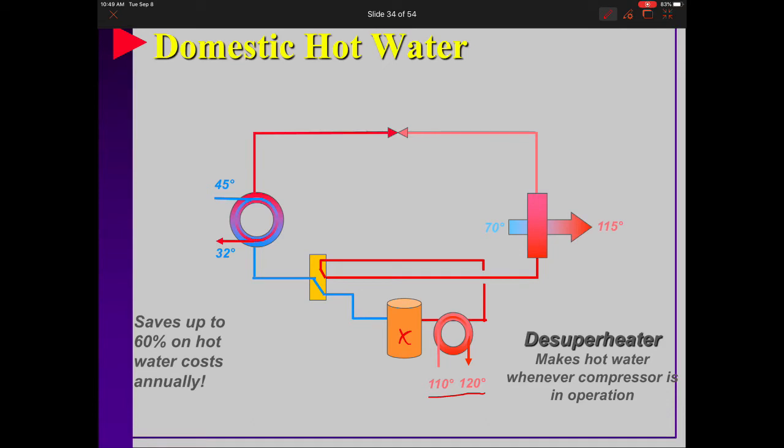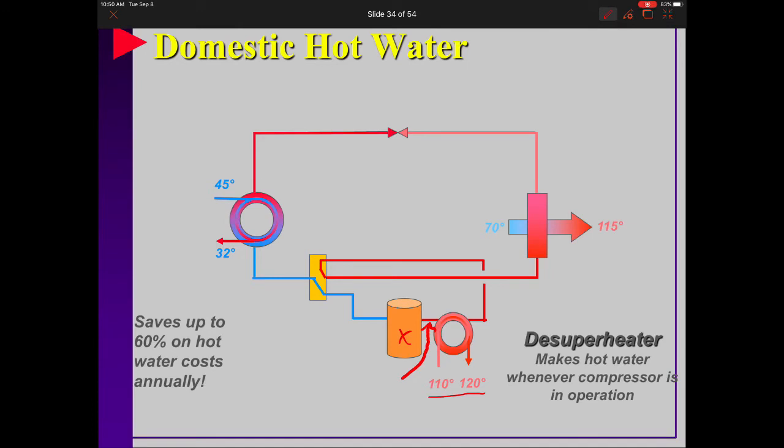This is all driven by the expectation that the temperature of the refrigerant on the discharge line will be much warmer than 120 degrees. Those are BTUs that you normally would have just lost completely. Now we don't need to do that. Now we can pull that heat out and put it back into your water for showering and doing all those types of things.